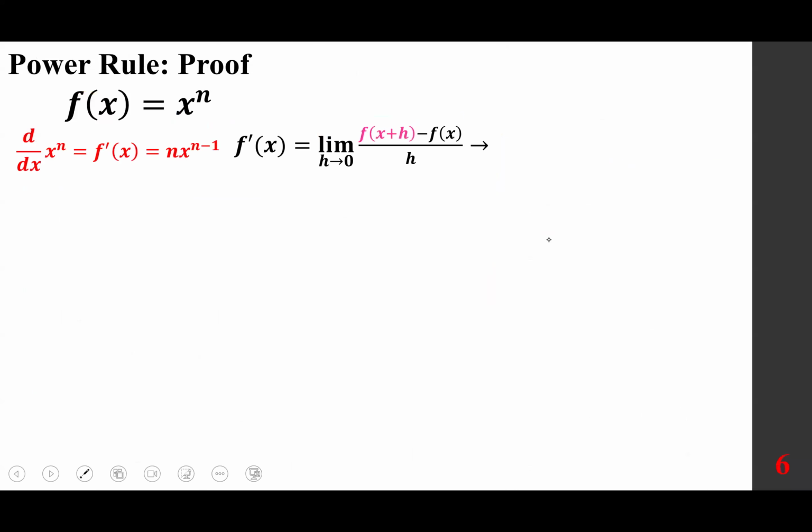So I want to start with the proof for the power rule. You're not responsible for the proof, but if you can follow it, you're in good shape as far as the definition is concerned. When f(x) is x to the power of n, we want to prove the derivative is n x to the power of n minus 1. We're going to go with f prime of x is the limit of f(x plus h) minus f(x) over h as h approaches 0.